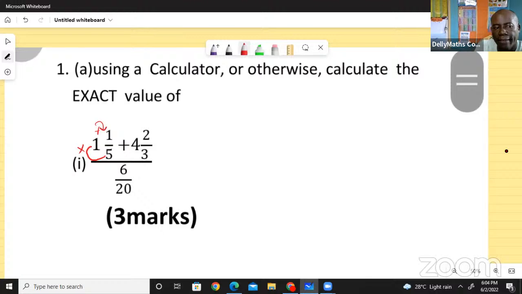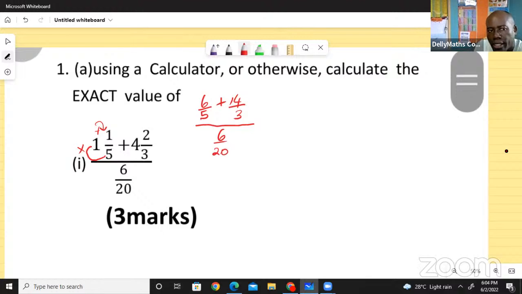So 5 times 1 is 5, plus 1, that is going to give us 6/5. Then 4 times 3 is 12, plus 2 is 14/3. All right, so we have 6/5 and 14/3 all over 6/20. So this is us just changing this.